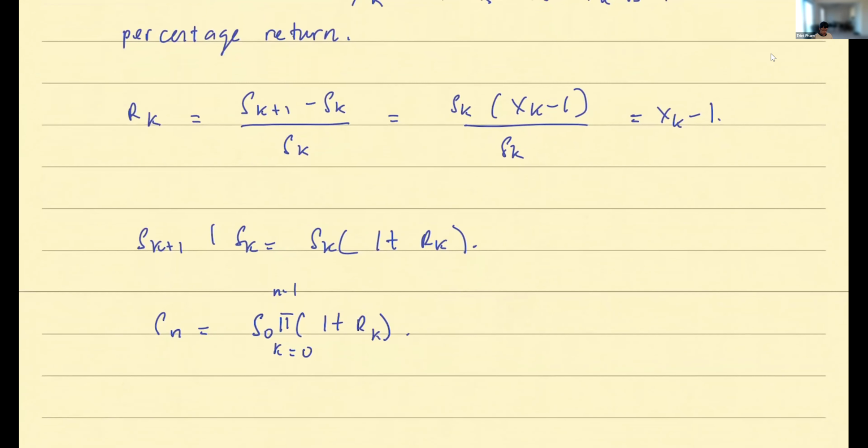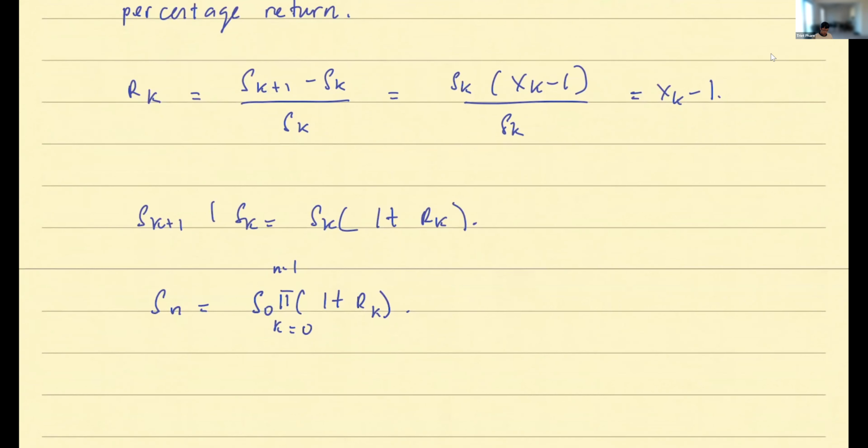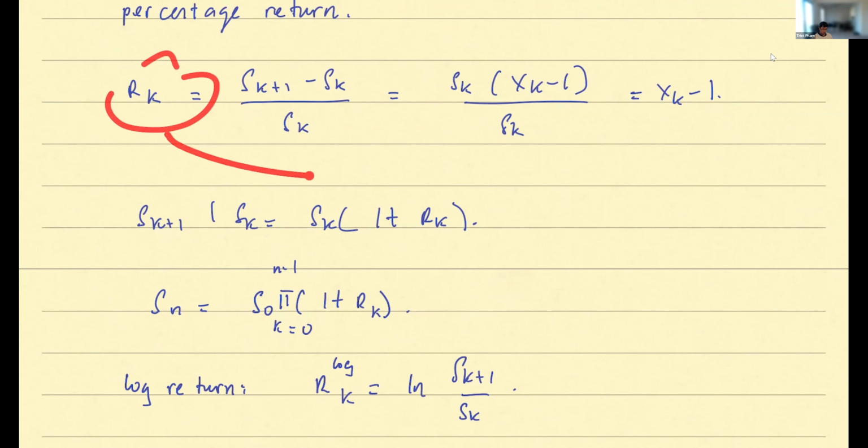So one more thing. Along these things, there is the idea of the log return as well. So maybe I should use a different name for it. So this is Rk for percentage return. For log return, it's kind of awkward to use a different notation for return, but maybe Rlog. That would be the natural log of Sk plus 1 over Sk, all right? And in case you wonder, percentage return is like discrete compounding with one period.